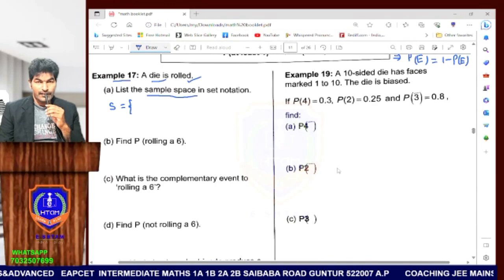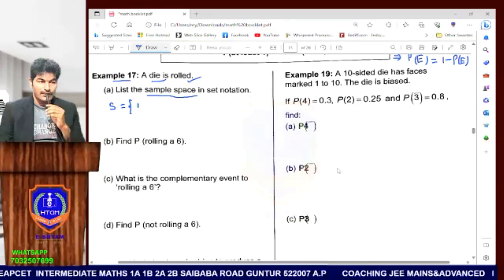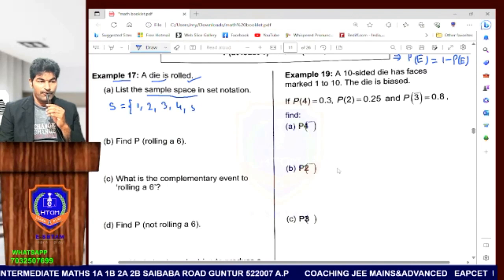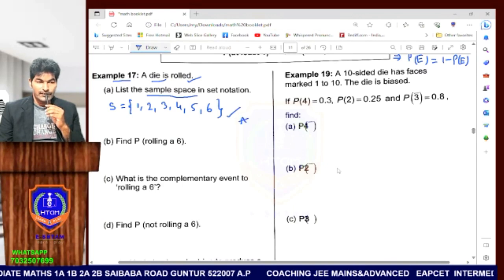If you roll a die, all the possible outcomes are mentioned in the sample space. We know that all the outcomes are 1, 2, 3, 4, 5, and 6. This is the set notation.